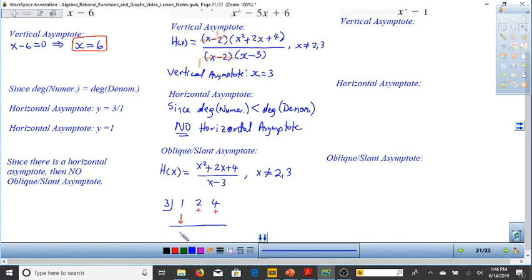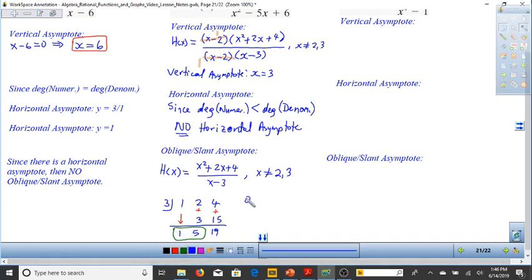And I only need the quotient, so I put down the 1. 3 times 1 is 3. I get 5. 3 times 5 is 15, and I get 19. And all I actually need is this part of the expression.